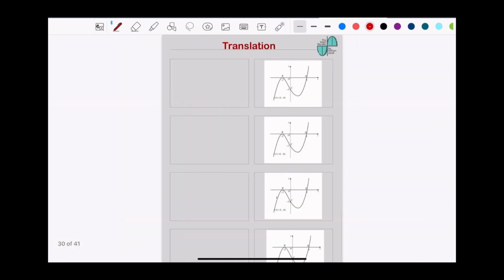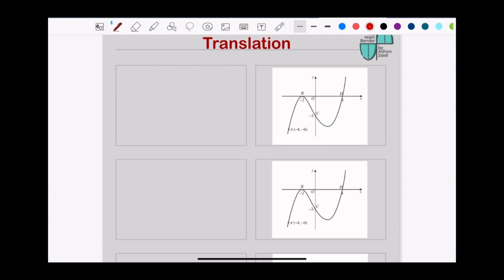So if we have translation, we need to understand translation is of four types: left, right, up, down. In basic terms, translation is just the movement of the curve. So on the xy plane, a curve can only move in these four directions. And when it's moving in these four directions, the syntax in order to write and see that.